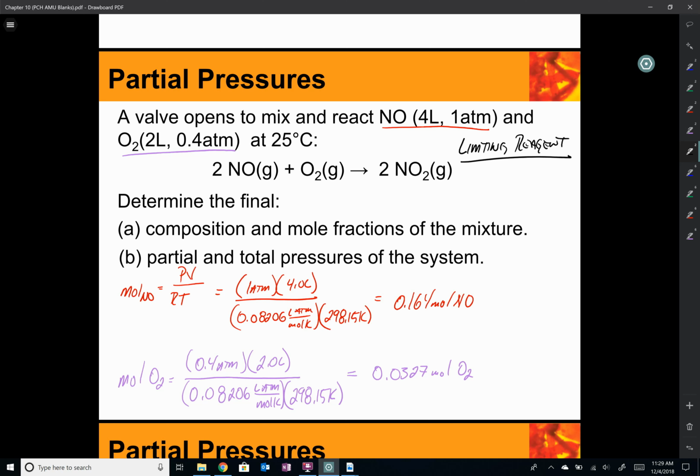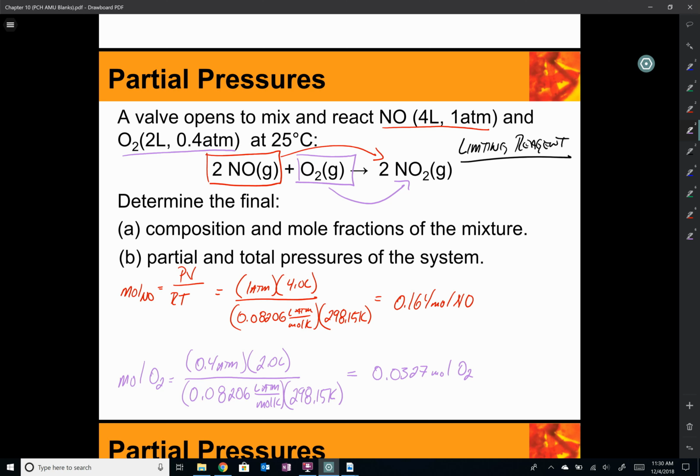Well, remember, to get our limiting reagent, we need to compare how much product gets made. Actually, let me do that in red. We need to compare how much of our product gets made from each of our starting materials. So we need to do some stoichiometry here.